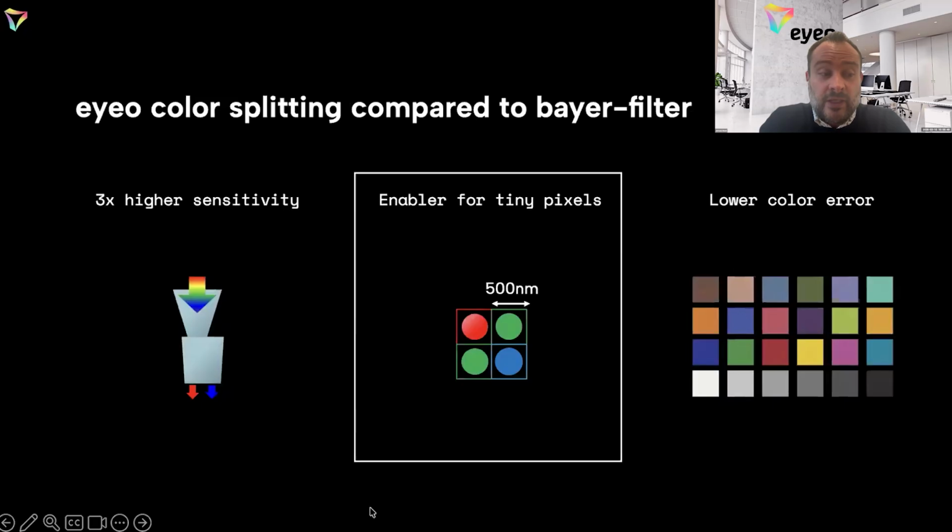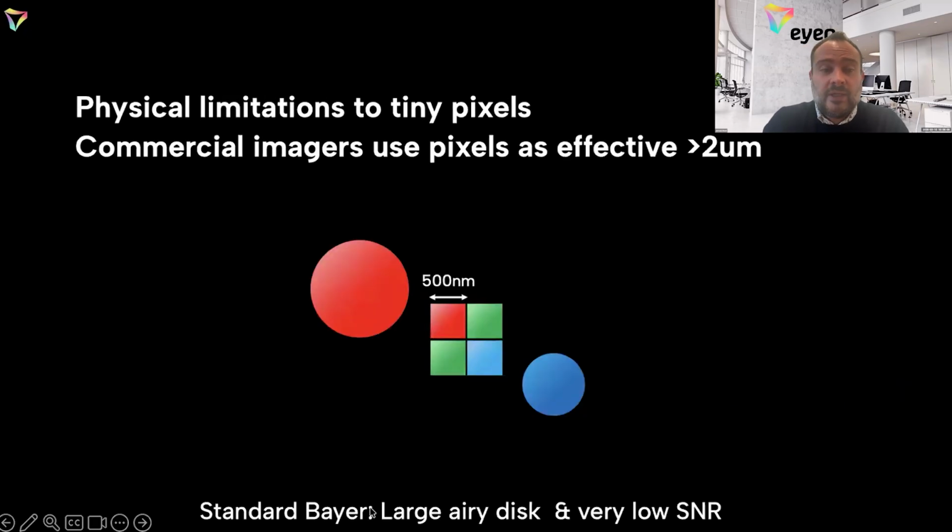But the second element is equally important, especially because now we can shrink the pixels to a smaller size because we essentially utilize the available area 3 times better. But if we are shrinking pixels, then you come into the domain of tiny pixels, what you see today in the consumer and smartphone space.